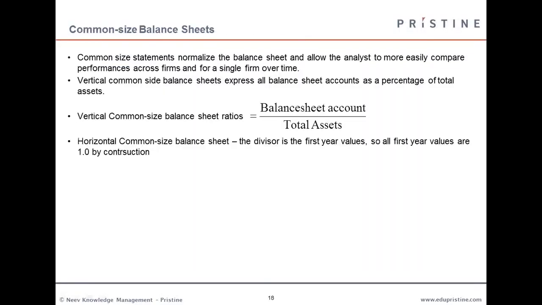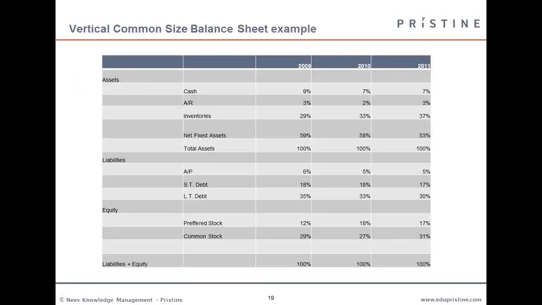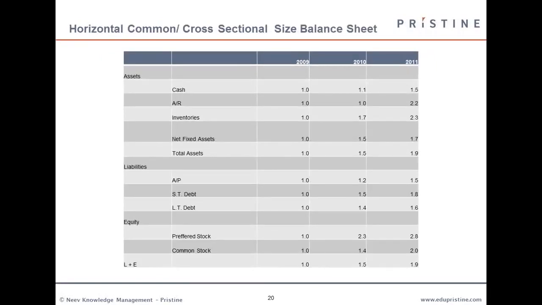Again, we have horizontal common size balance sheets. In this, across the years, we take the starting year as one, and we look at the relative change in each of the items. In the first year we put all the items as one, and in the next year we see the relative change in each of the items.